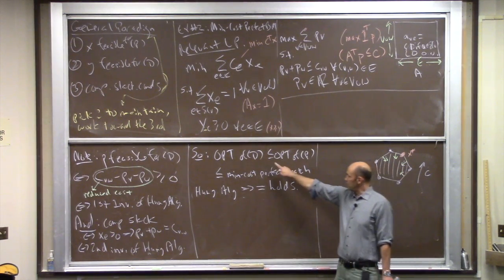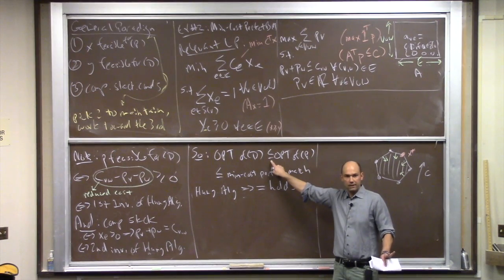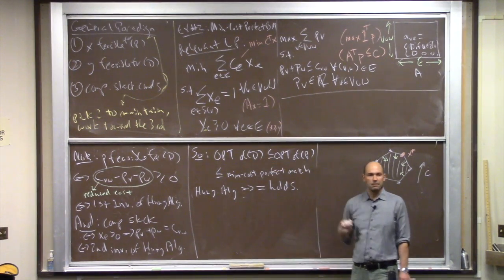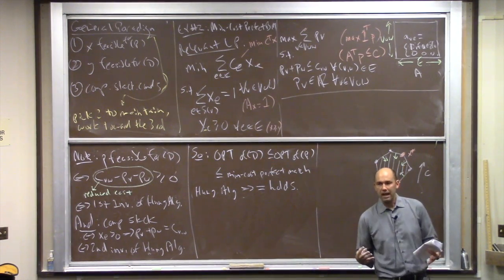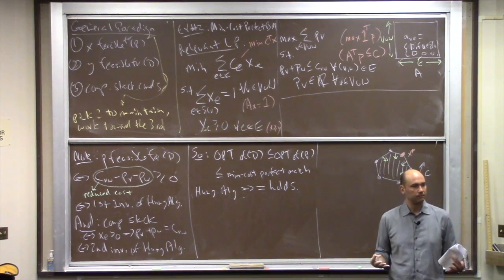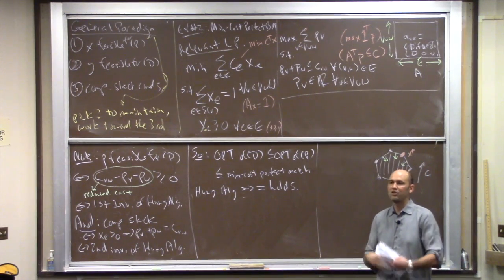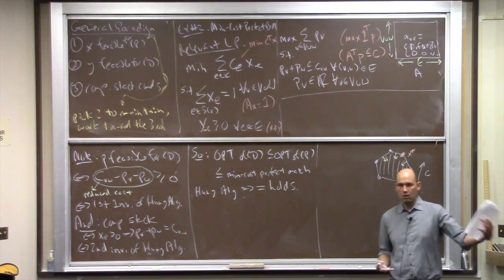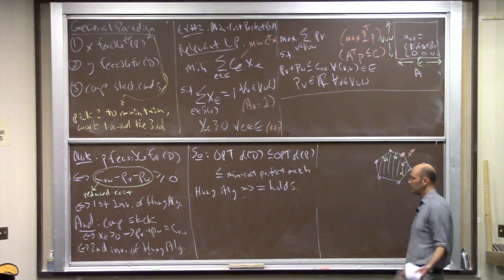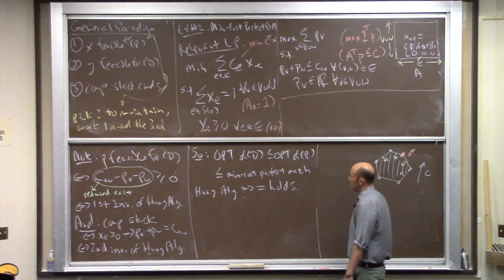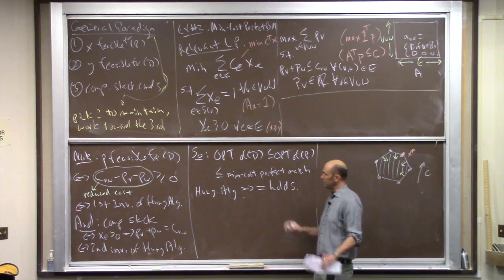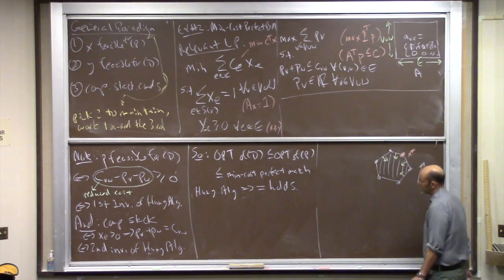Why is this always being an equation interesting? Well, that says there's never a gap between the optimal solution of the primal and the dual. And that's a special case of strong duality. So we verified strong duality in a second class of linear programs corresponding to matchings and their duals. That's the first interesting thing. We'll see strong duality holds completely generally, but it's nice seeing it in some special cases first.